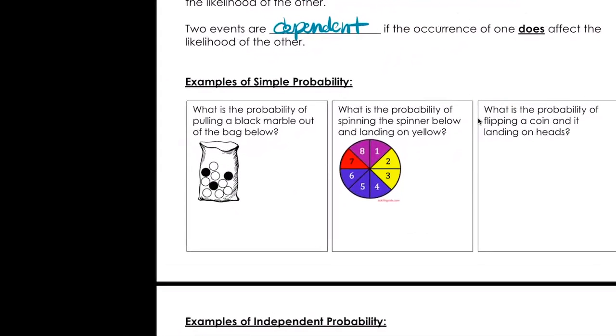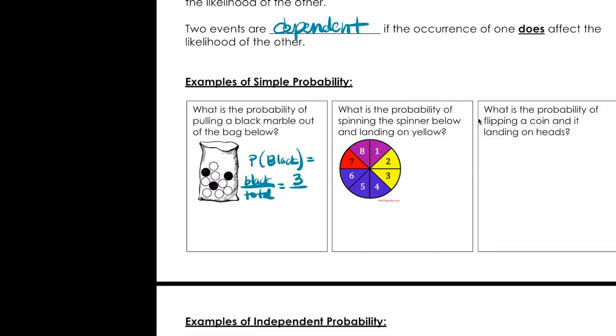So our first example, we have a bag of marbles here. What is the probability of pulling a black marble out of the bag below? So the probability of black is going to equal black over the total. Probability is always out of total, okay? How many black marbles are there? 1, 2, 3.